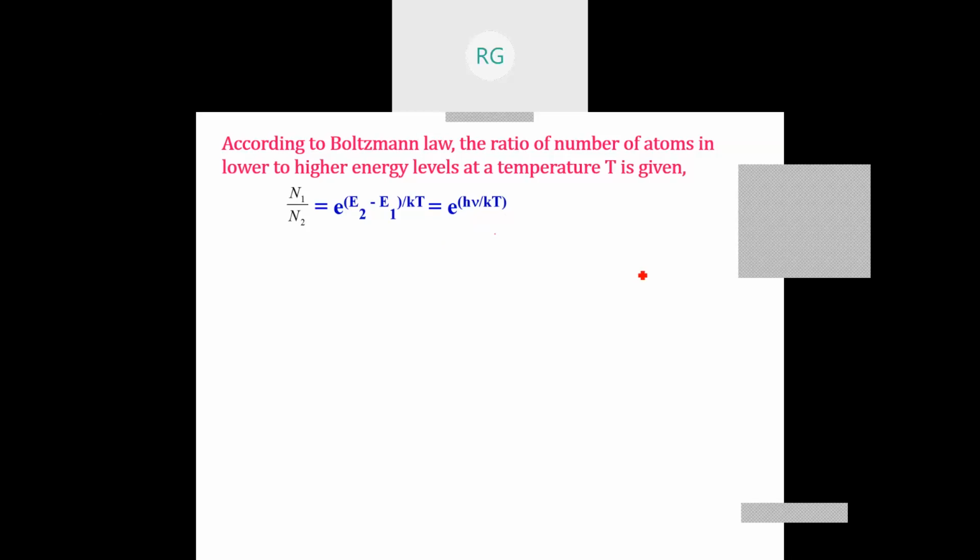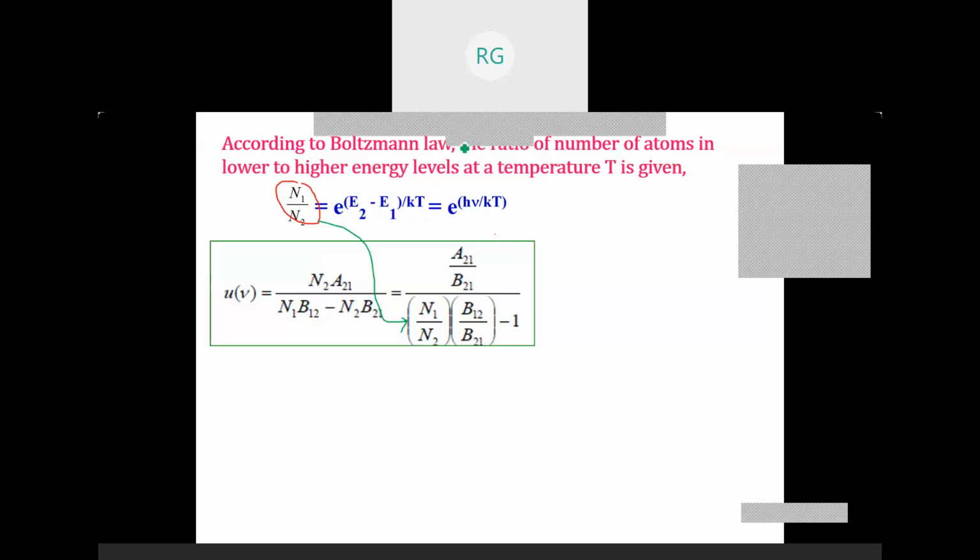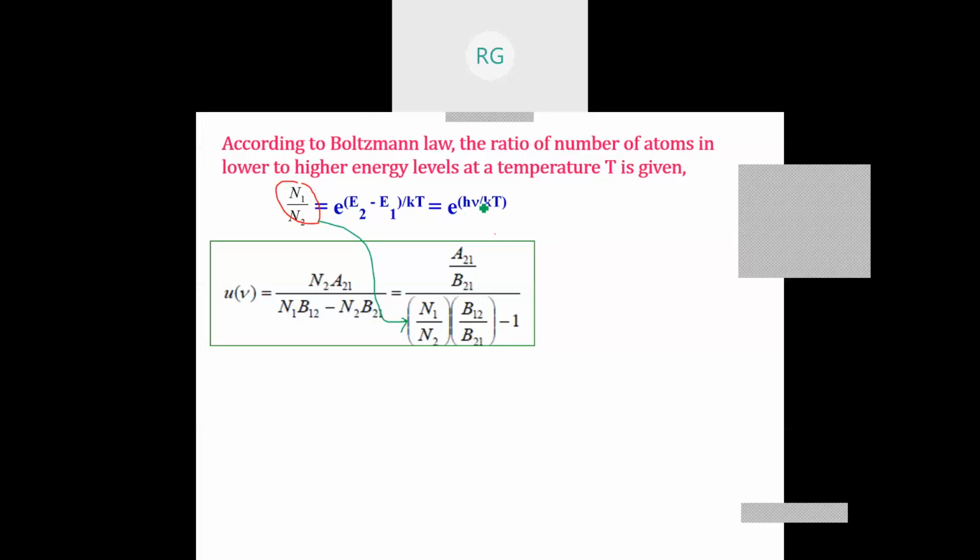Now we look at another important relation, which we have derived in the previous slide. Here I have n1 by n2, so you substitute n1 by n2 in this place. You can see that the value of n1 by n2 can be replaced by e power h nu by kT.